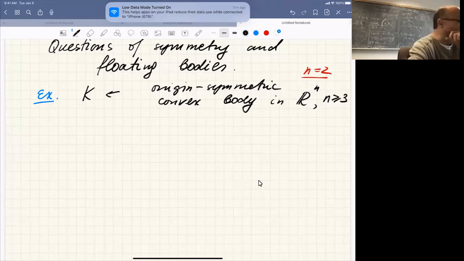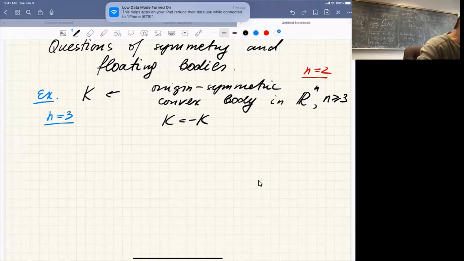You'll see why at the end of the story. So maybe the best case is to think about n equal to 3. So we have an origin symmetric convex body. I will write it like K is minus K. And you are given a direction xi. So xi is always going to be the direction. Let's say we are in the 3-dimensional case. Xi belongs to S2, the unit sphere in R3.